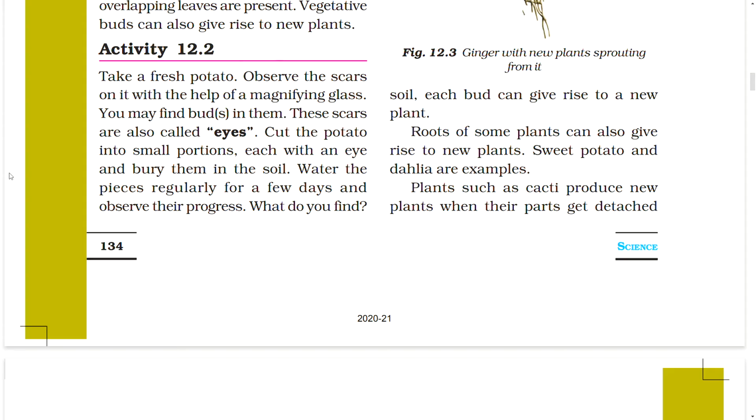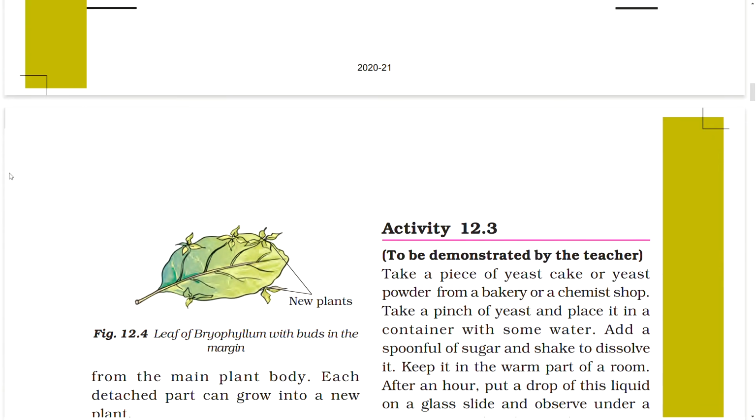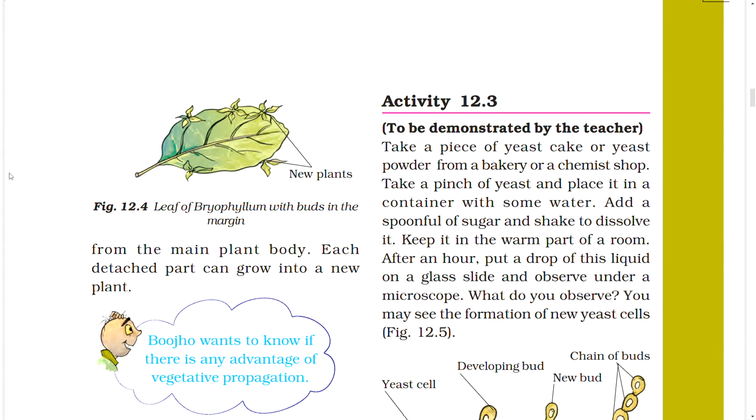Sweet potato and dahlia are examples. Plants such as cacti produce new plants when their parts get detached from the main plant body. Figure. Leaf of bryophyllum with buds in the margin. Each detached part can grow into a new plant.